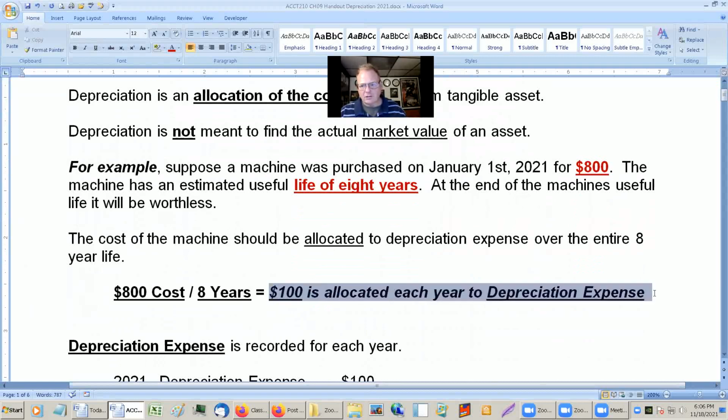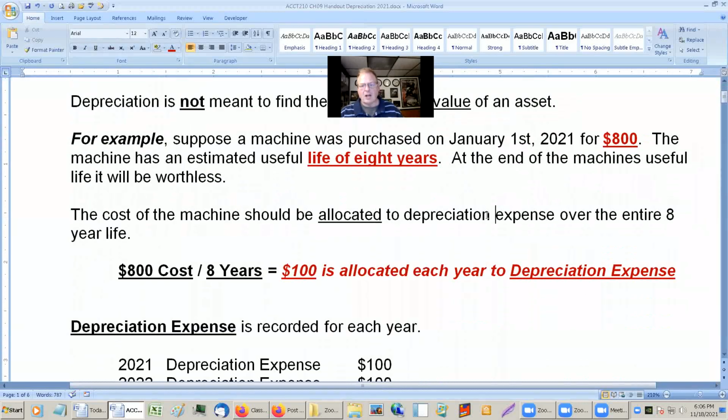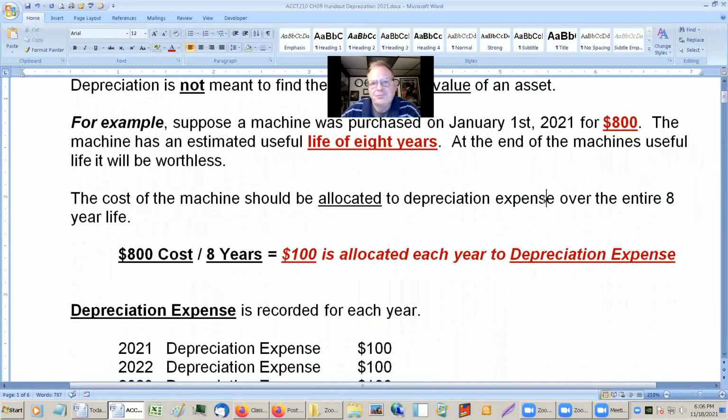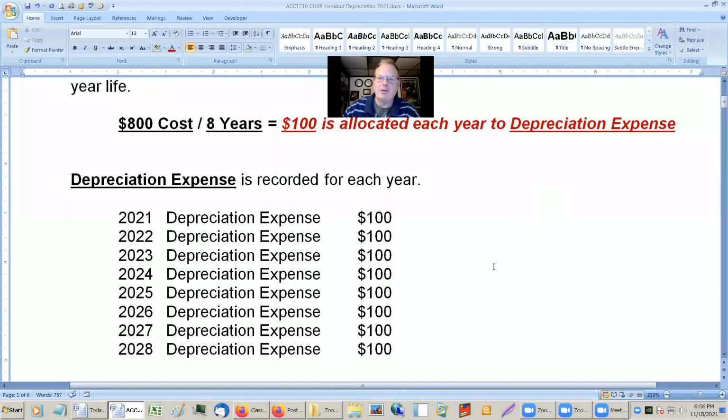So we'd have $100 each year for depreciation expense. I know this is a little bit repetitive, but every year we say, okay, we're going to split this cost up because this is going to last for 8 years. Every year, I'll get $100 worth of it. And at the end of 8 years, this is going to be worthless, and we will have it all expensed.